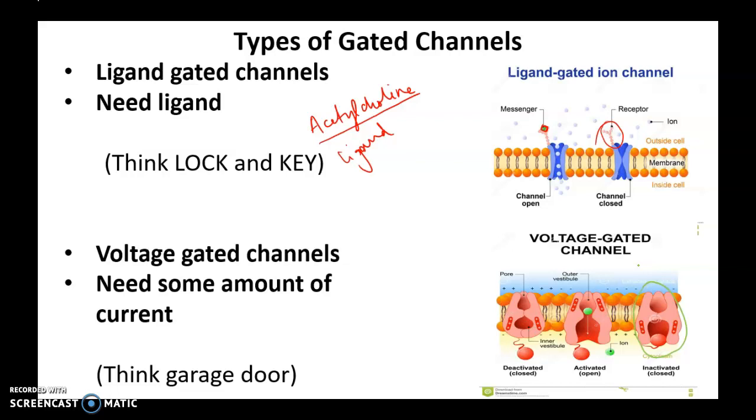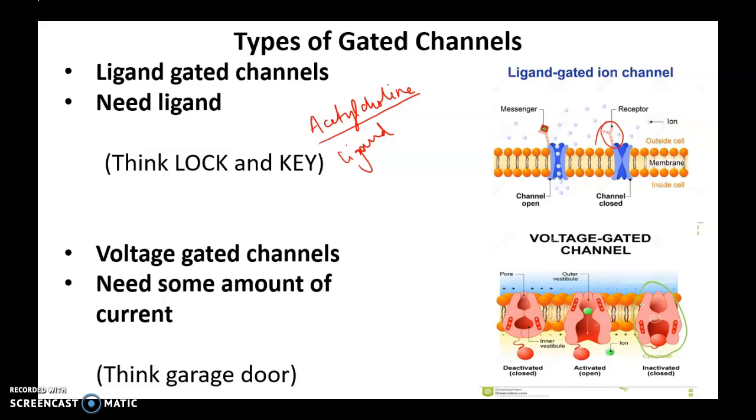And the gate is closed because, do you see the chain and the ball thingy? The ball is actually blocking it. So it's called closed. Now when the ball is released, then the gate opens up, and that's the open state.